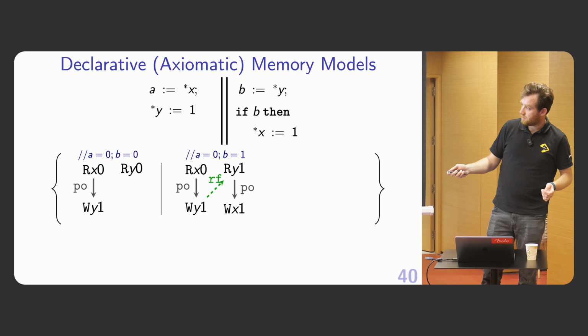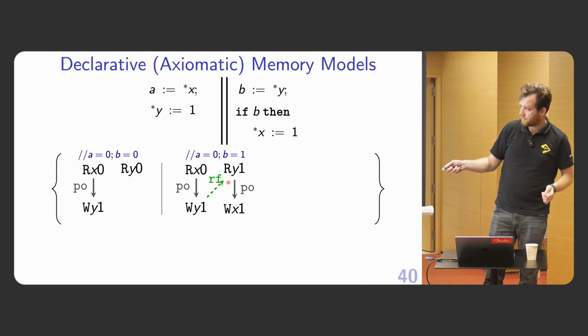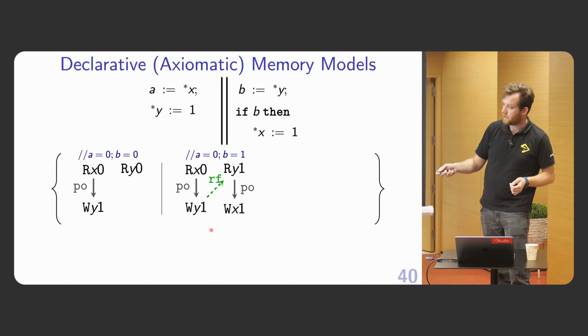So in the second execution here, as I said, there is one other type of edge, this green one, read from. RF stands for read from, and it relates writes with reads if the read reads the value written by this write.